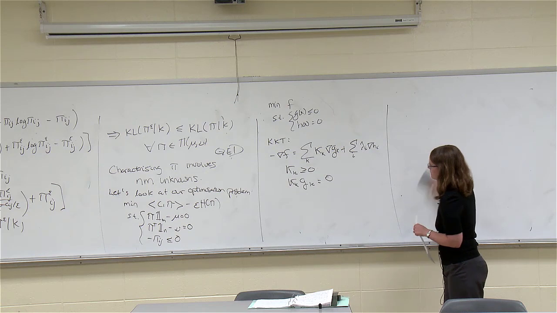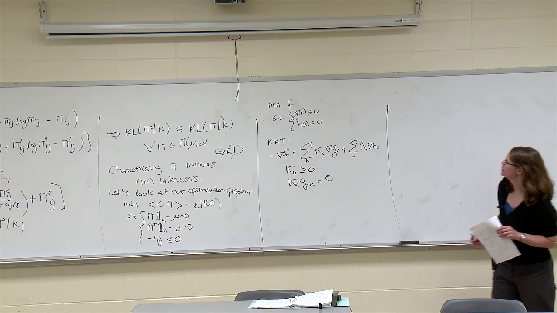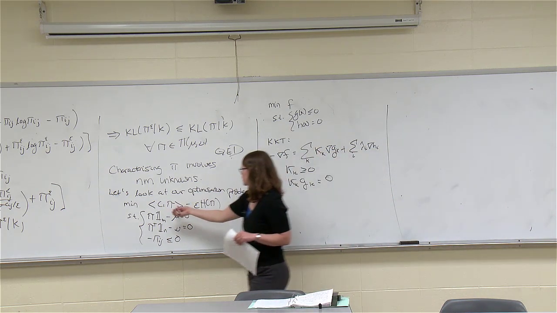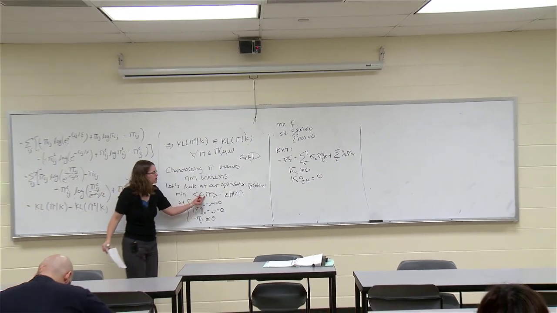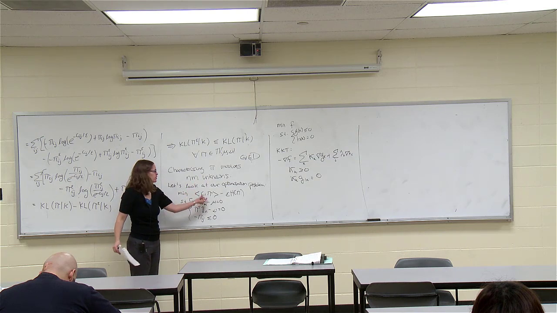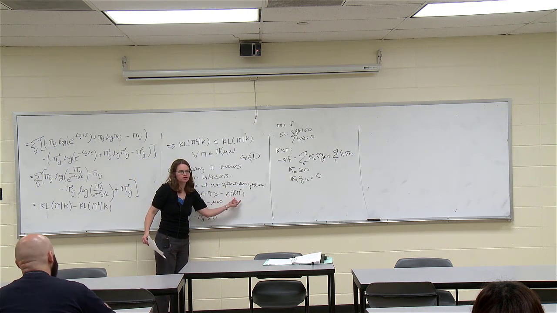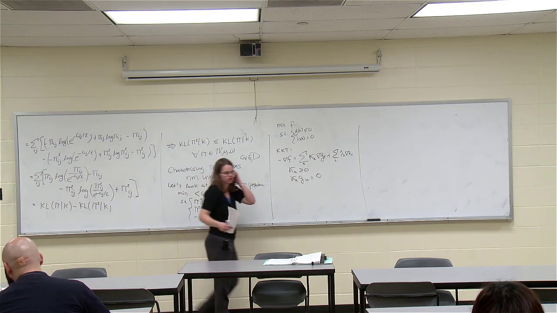Okay, so our problem, we need the gradient of this with respect to pi. Pi is our unknown, right? So here, the ij component of the gradient is just going to be Cij. And then we need the gradient of this entropy, which we've computed before. It's just this log term.